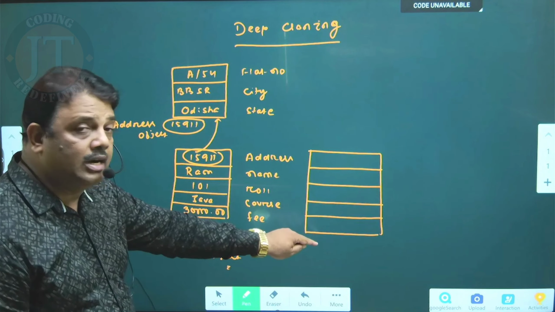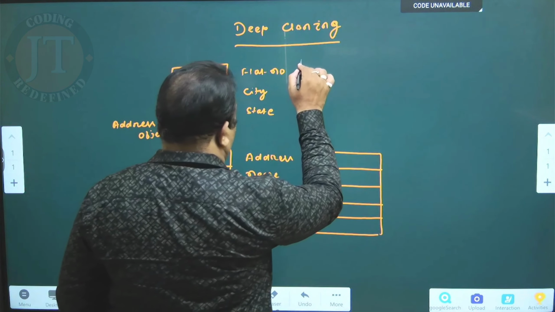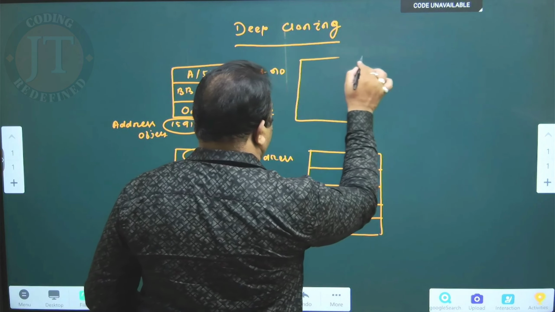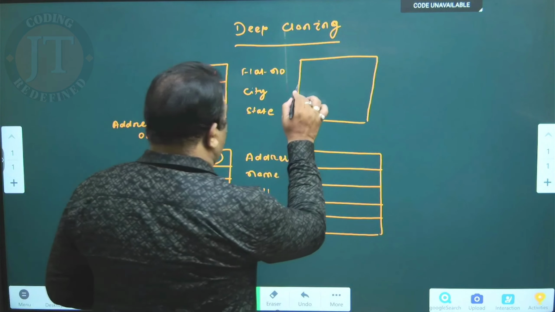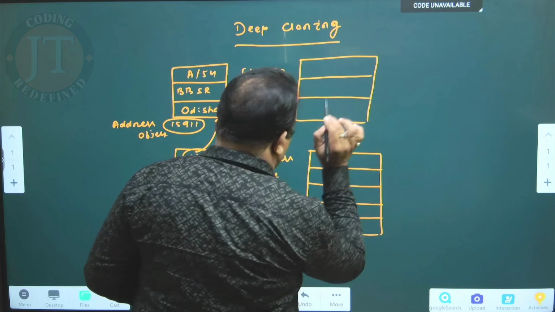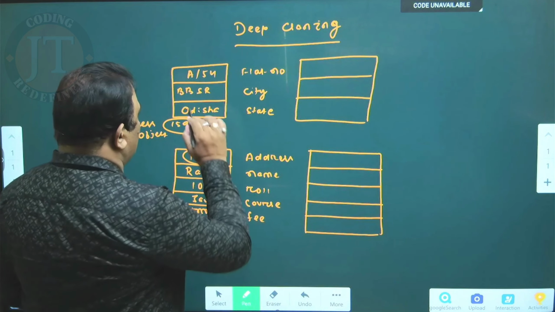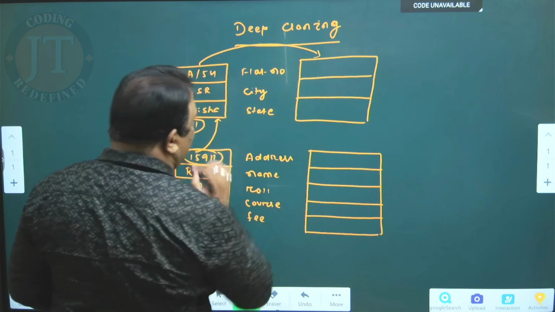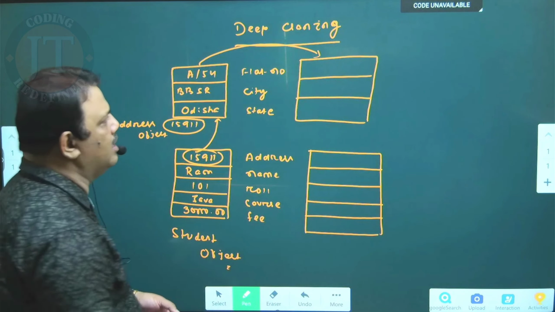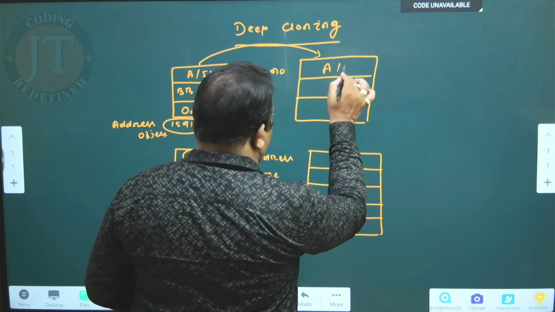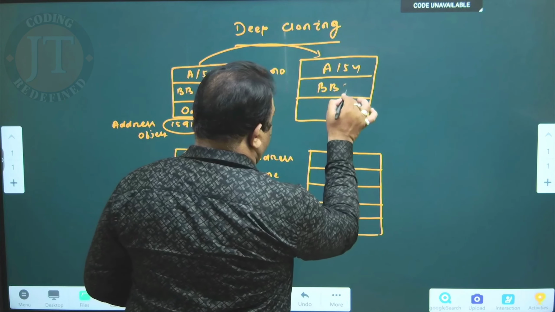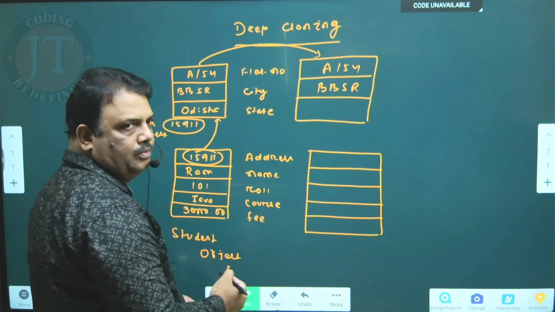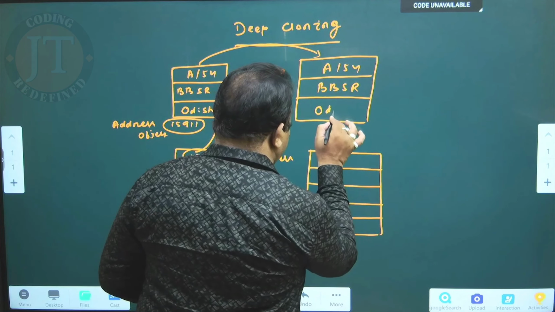Not only the Student object is cloned, but also the Address object is cloned. When the Address object is cloned, the same data is copied: AY54, the city Bhubaneswar, and the state Odisha.